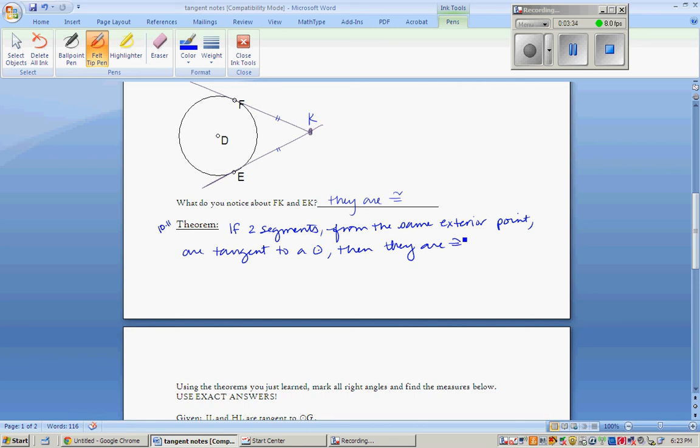And this is going to be helpful too in solving for some missing distances. So get this all written down, and we're going to try an example on the back side.